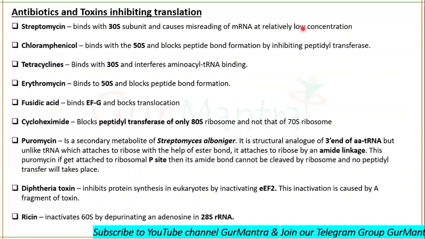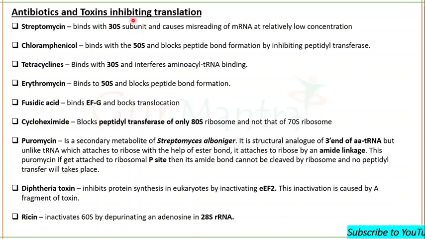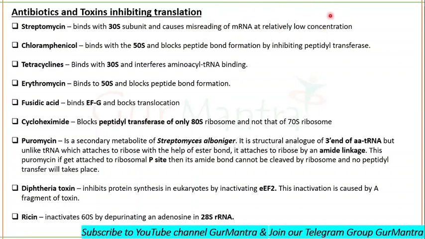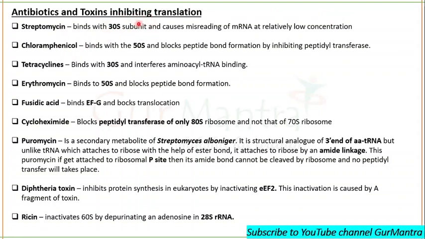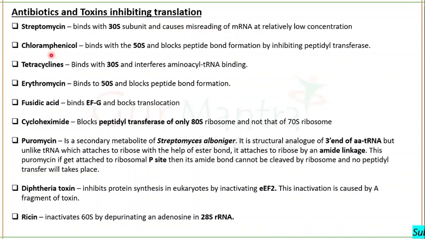But when the ribosomal subunit is not doing its work properly, then there will not be a proper translation process. So streptomycin will be binding to the 30S subunit which is present in the 70S ribosome, and it will cause the misreading of mRNA.